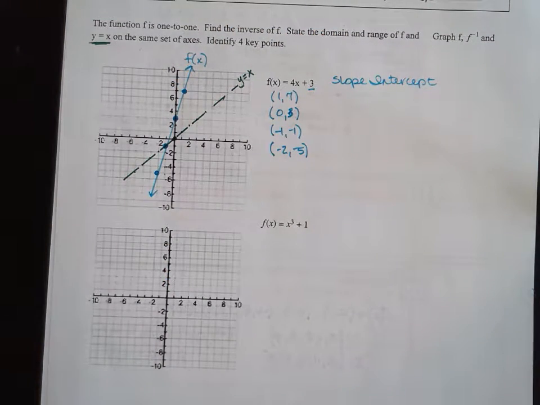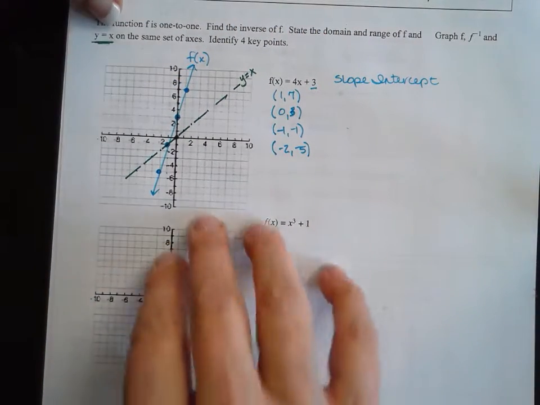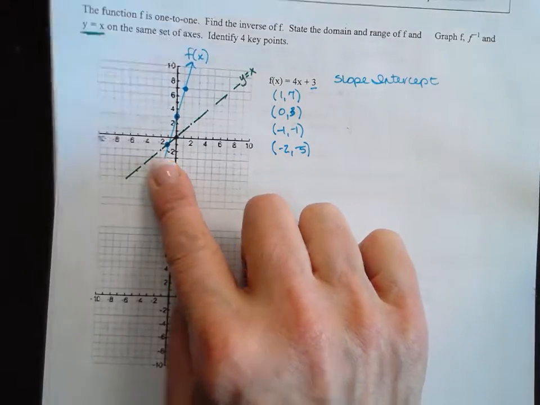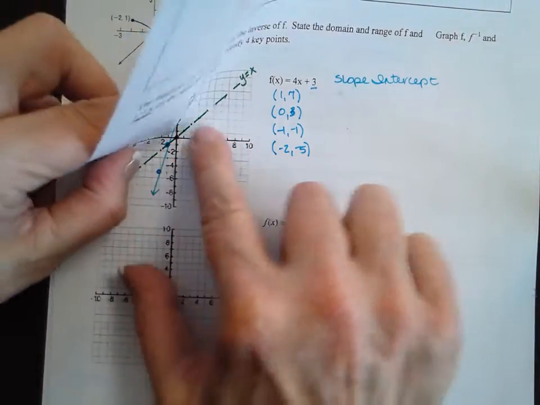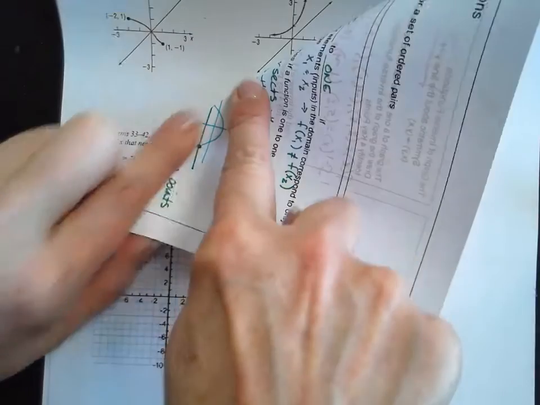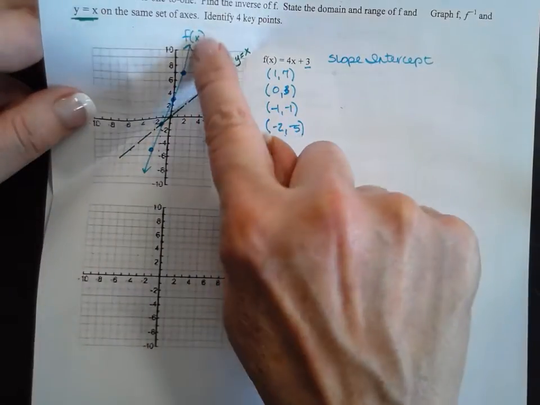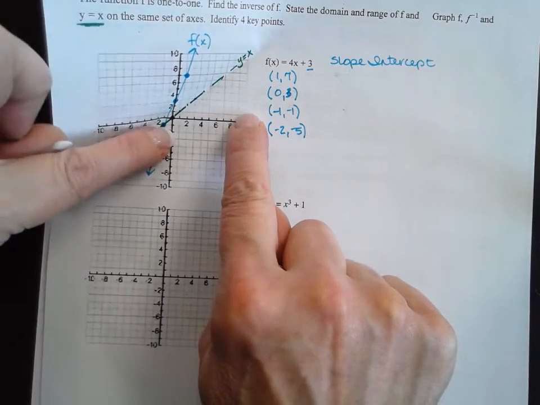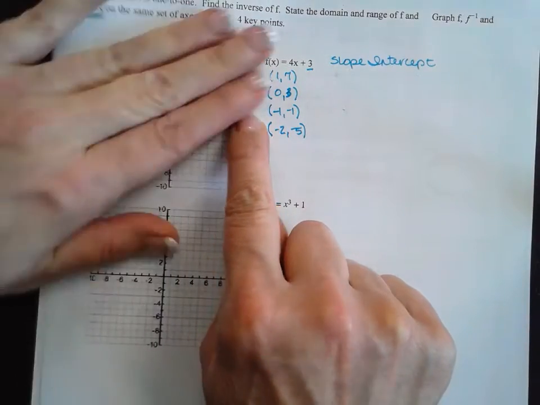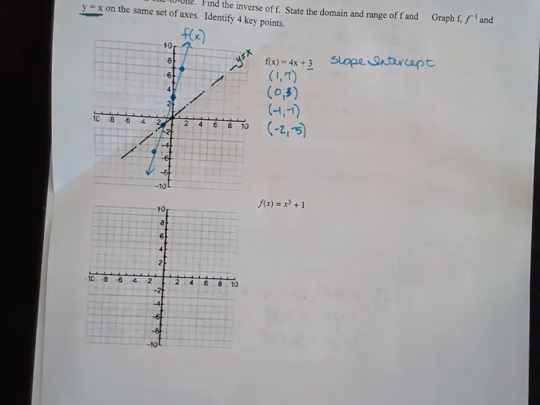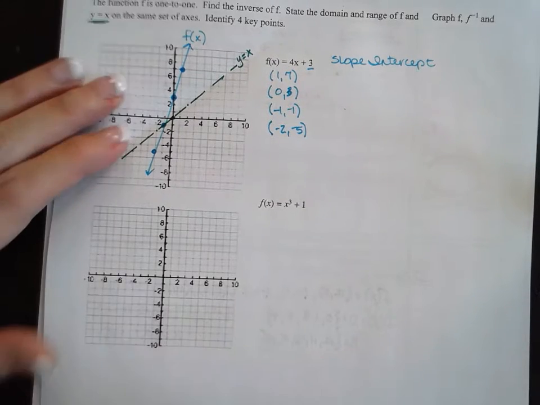Yeah, and if you remember a line of reflection is where, if you actually took the paper and folded it in half because it's symmetrical, that means that this part's going to be over here, this part's going to be over there, because it's like your mirror, it flips kind of thing.